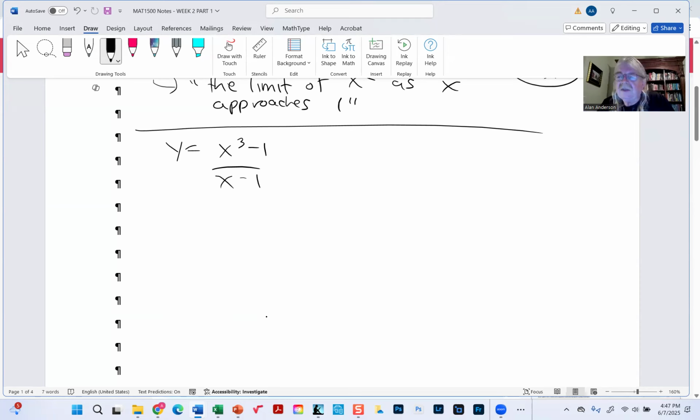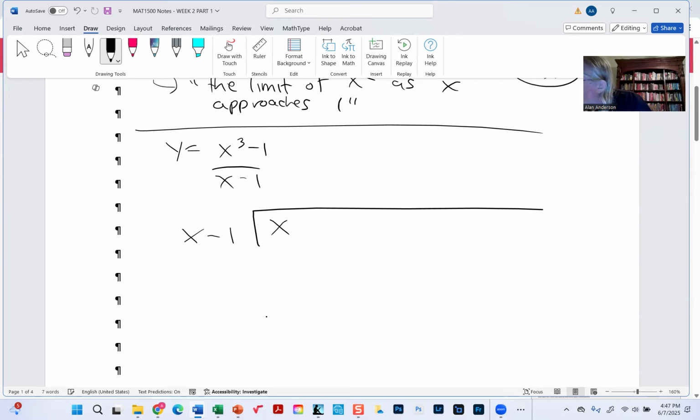It's possible that x minus 1 is a factor of x cubed minus 1. How do you find this out? One way you can test this idea is to simply use long division. If there's no remainder, then x minus 1 is in fact a factor of x cubed minus 1. So let's find out if that's the case or not.